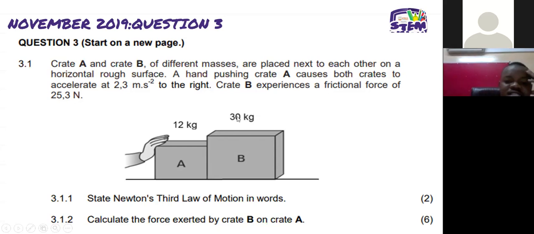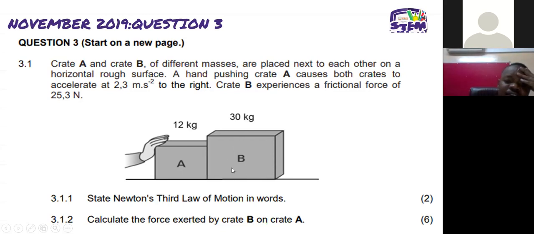Now, let us just identify quickly all the forces that are acting on B so that I'm able to determine the net force on B, or all the forces that are acting on A so that I can determine the net force on A. Let us just start there.